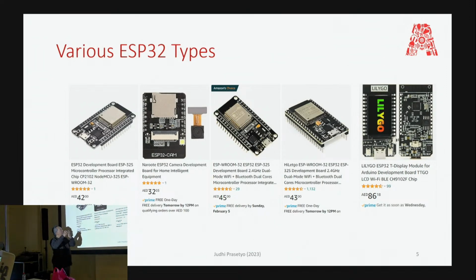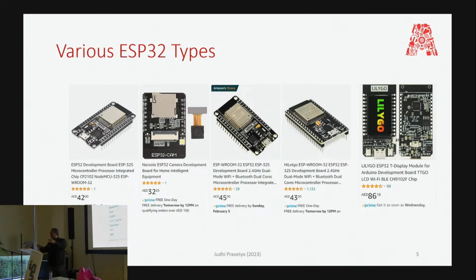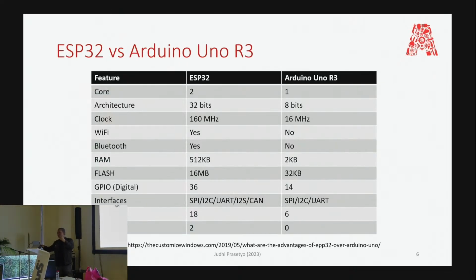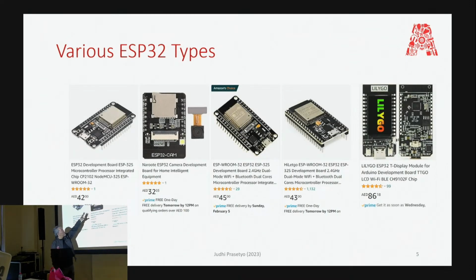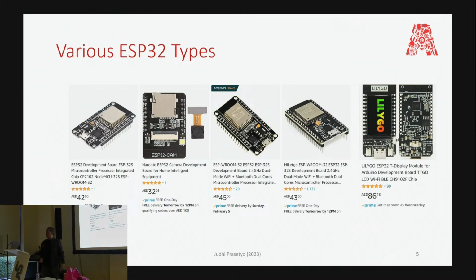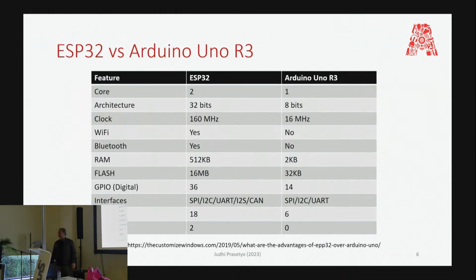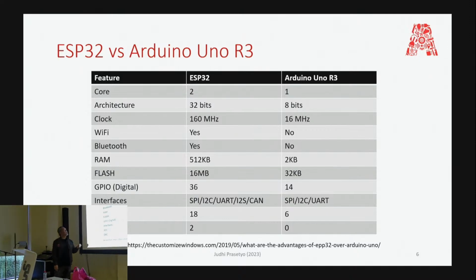Yes, the chip still has 36 pins, but the pins that you can access on the board are fewer. This one has more, that one has more. So when you want to get an ESP32, make sure that you are aware of what kind of board you are going to use and how many pins you are going to need.